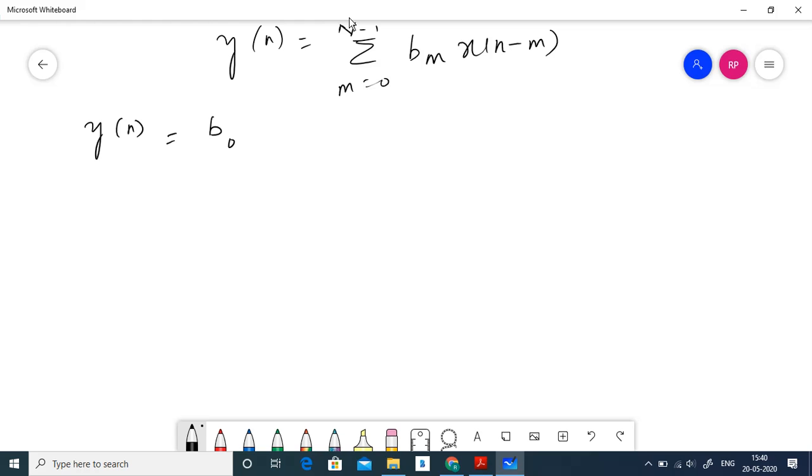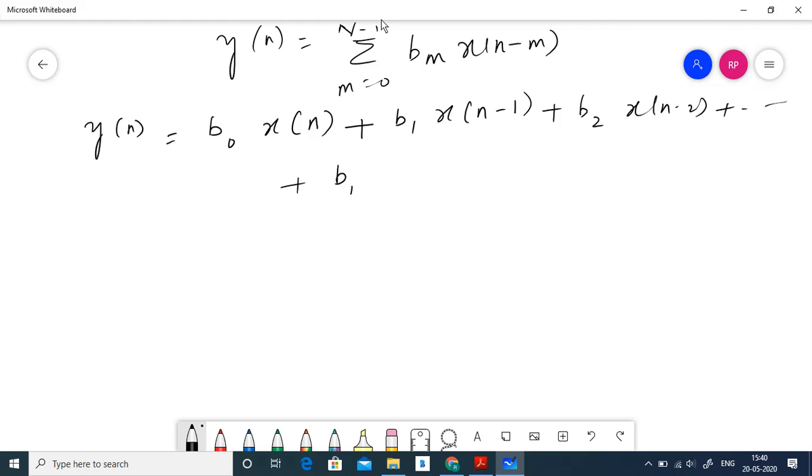So we'll get b0 x(n), since the value of m is 0, plus the next value of m is 1, so we get b1 x(n-1), plus the next value of m is 2, so you get b2 x(n-2), plus so on, plus the last value, which is N-1, so we get b_(N-1) x(n-(N-1)).